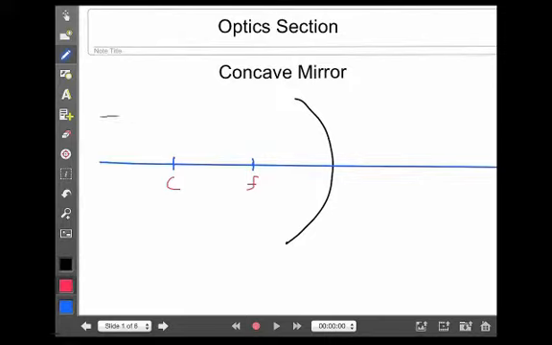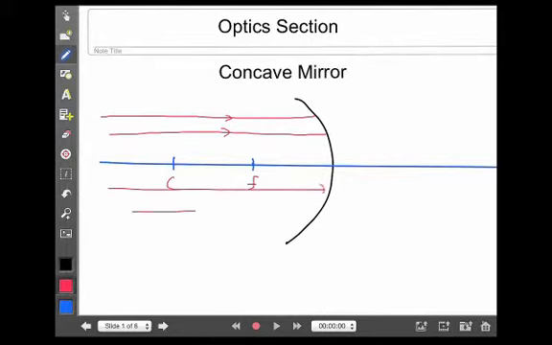Now, the focal point means this. Anytime light rays come in parallel to the principal axis, in other words, all these parallel light rays coming in, and remember, this line here is our principal axis, by the law of reflection, because of the way it's curved, these rays would bounce off the mirror and be reflected through the focal point.